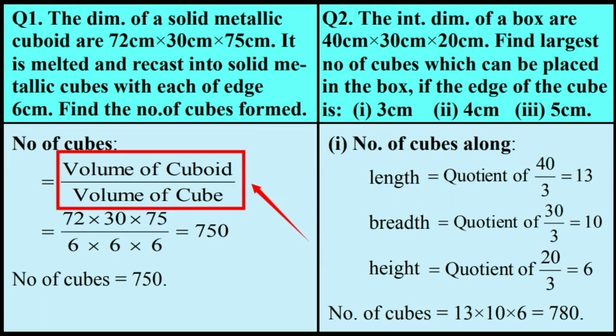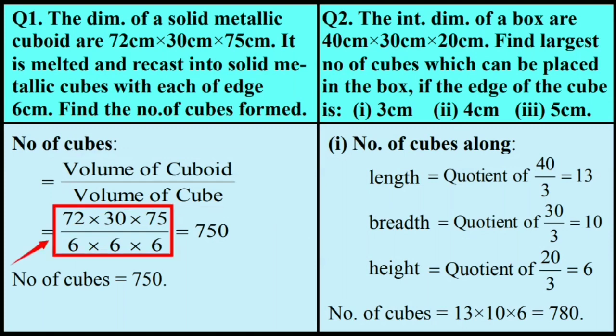Since a solid cuboid is melted to form cubes, the volume of the cuboid is equal to the volume of all the cubes formed. The reason behind this is that in both cases, volume will remain the same.